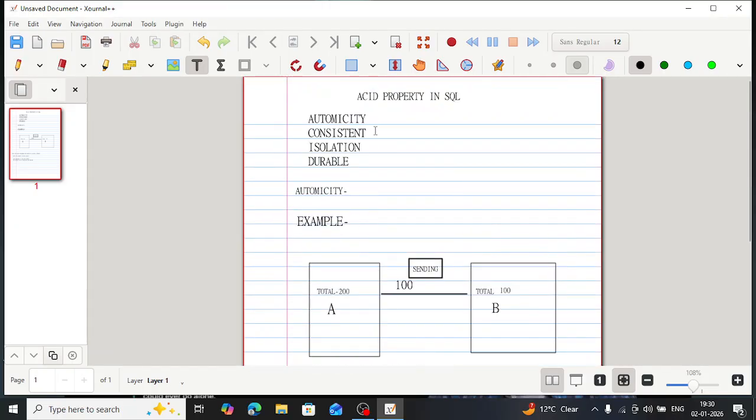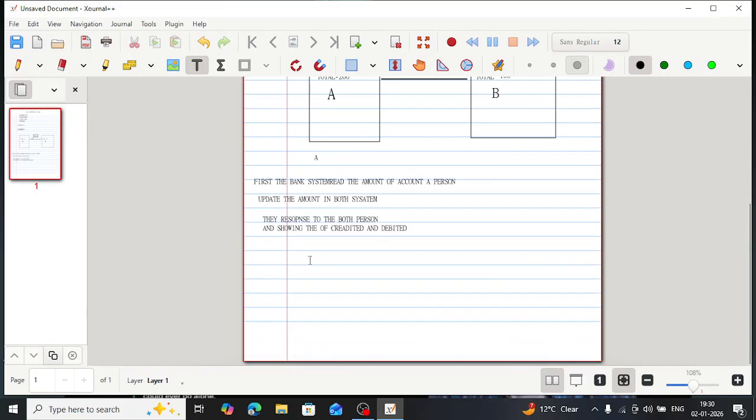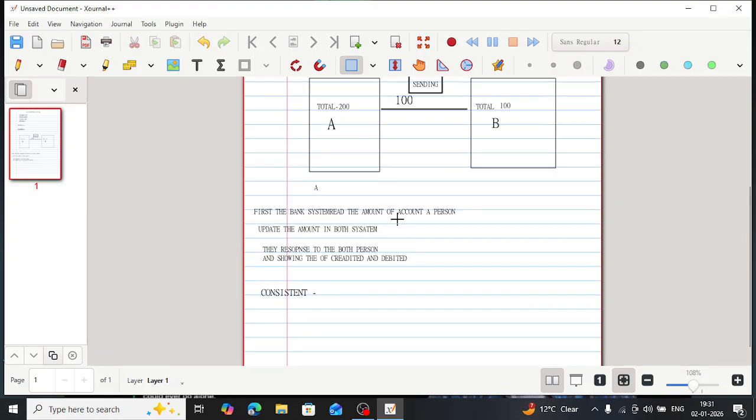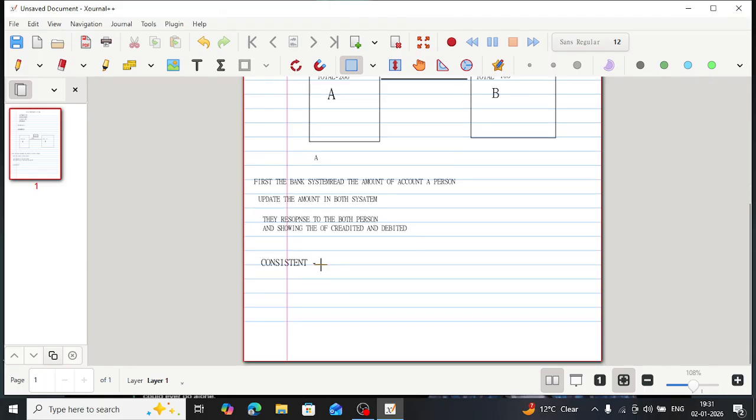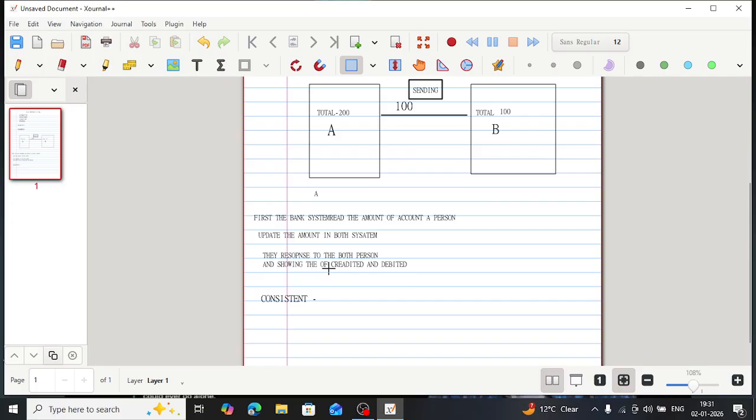Then let's understand the second property. What is consistency? What is the meaning of consistency? In this example we understand the meaning of consistency.